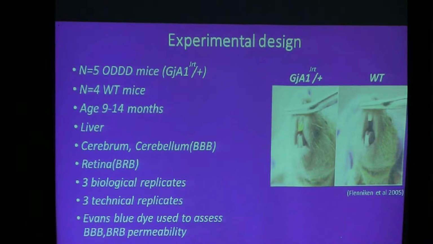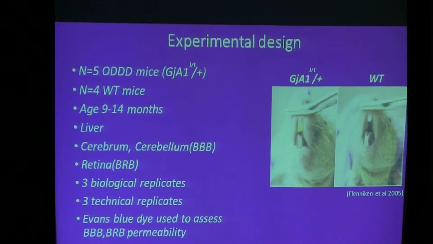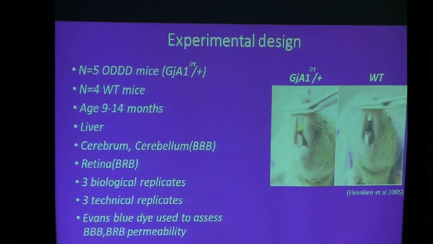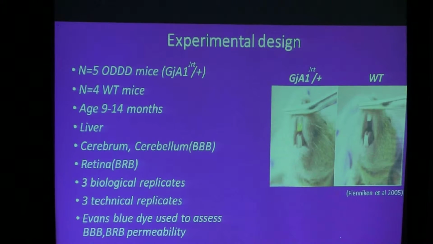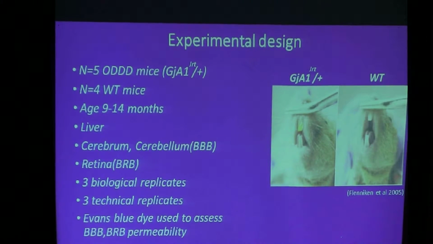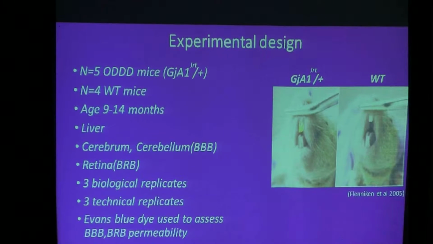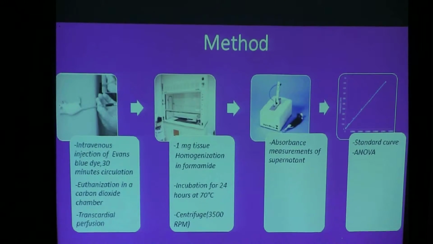In this experiment, I was using Evans blue dye, which is an azo dye and has a really high affinity for albumin. I used this to assess blood-retinal barrier and blood-brain barrier permeability. The method of this research can be divided into 4 stages.